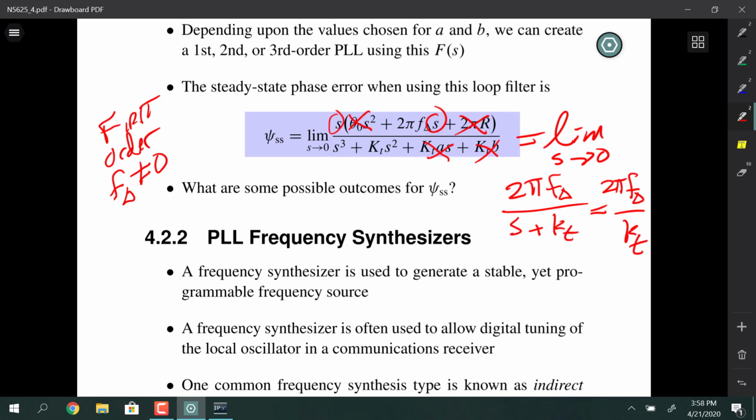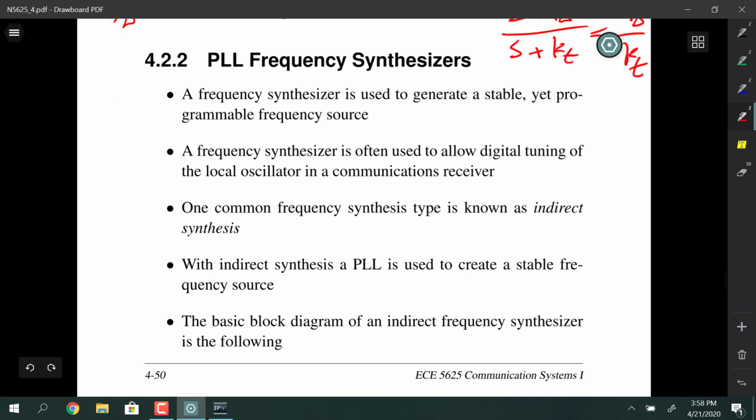The next thing we're going to look at is phase-lock loop frequency synthesizers. This is a more laid-back overview of the synthesizer. So indirect frequency synthesis has been around for many, many years. It's what's responsible for allowing us to have digital tuning on receivers where we just turn a knob or program something in and it will set the frequency of a signal generator.